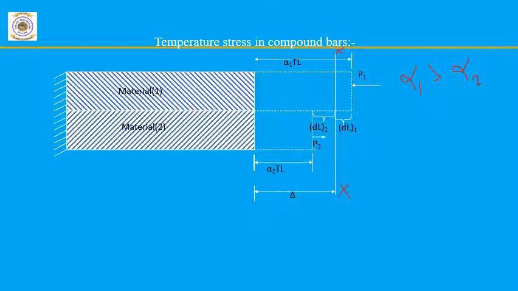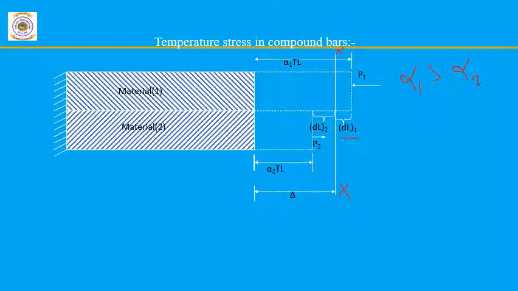So the material which is expanding beyond this plane is delta L1 or DL1, and the material which is short of this plane is delta L2. So delta L1 should be equal to delta L2.